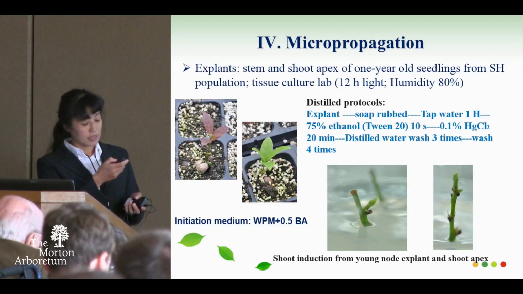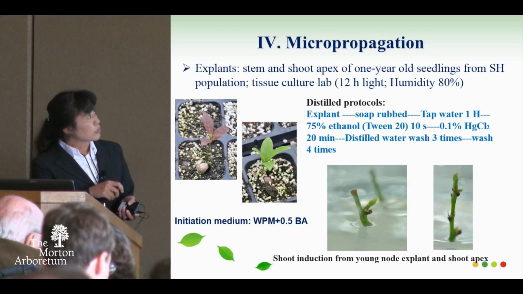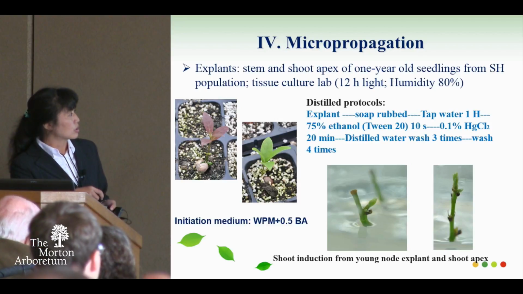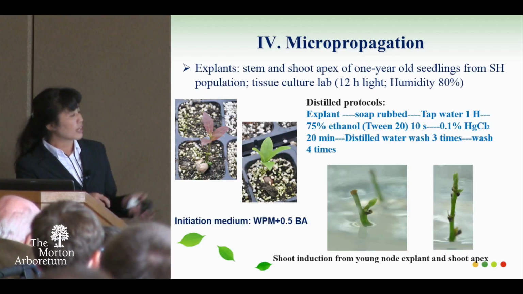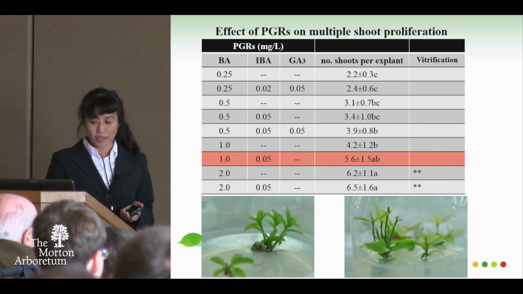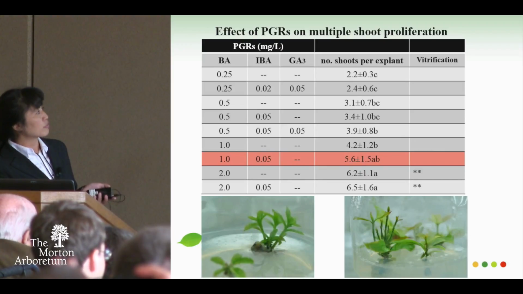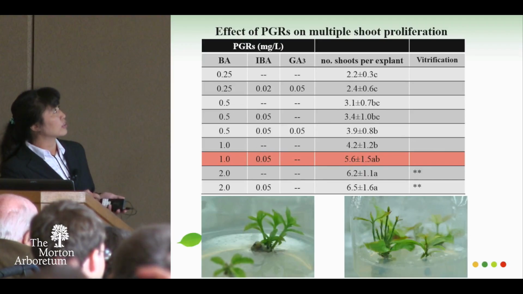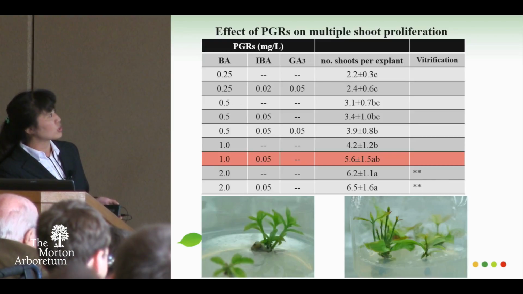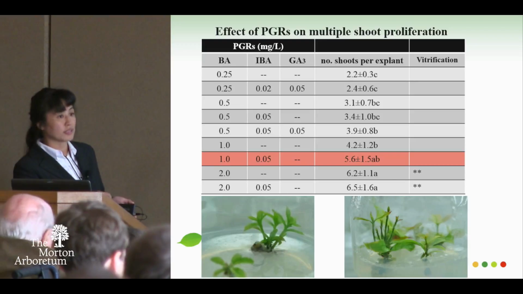Here's how we prepare the explant. We use this media to get more shoots coming, and we optimized several concentrations of plant hormones, and we found the best combination for this species is this one.